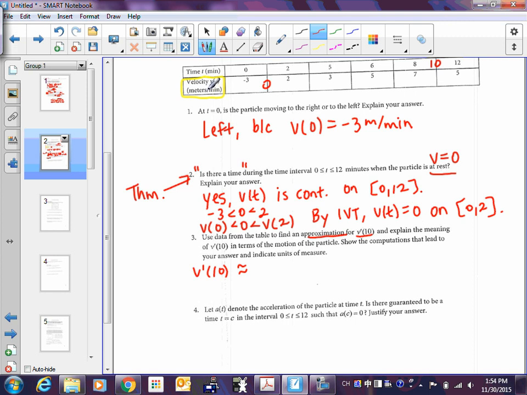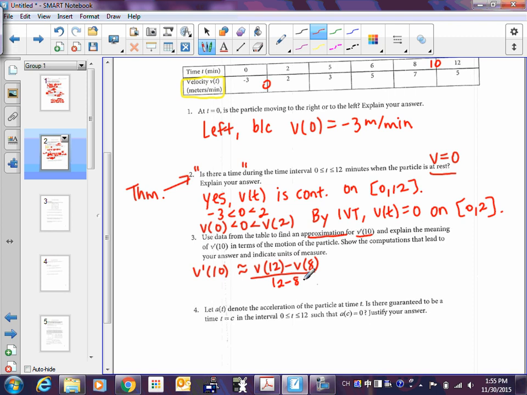So what can approximate v prime? What can approximate the instantaneous rate of change? We can approximate the IROC with the AROC. We can do v of 12 minus v of 8 over 12 minus 8.